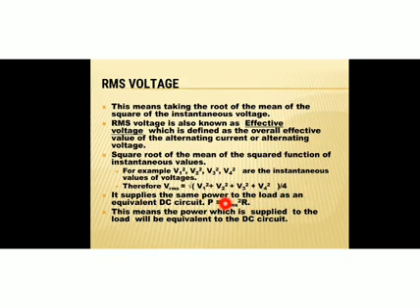So whatever power is supplied to the load in a DC circuit, the same power is supplied to the load by the RMS voltage also. That's why the expression looks like this: P equals I square RMS into R. This means the power supplied to the load will be equivalent to the DC circuit.